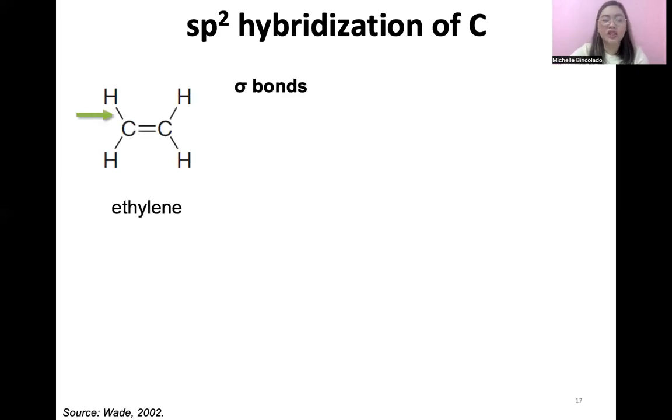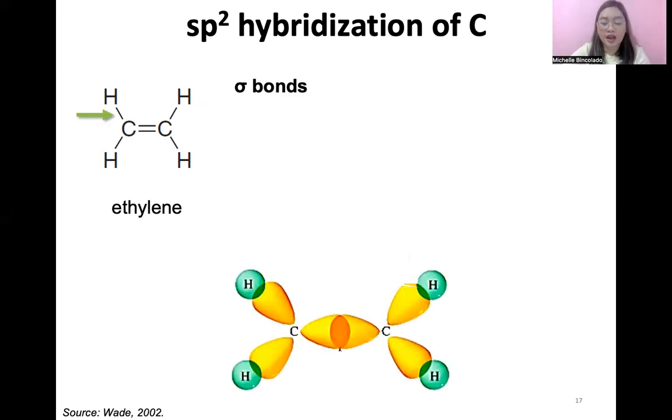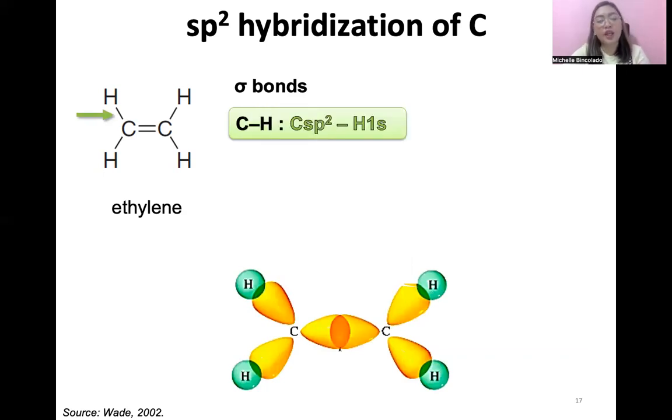Okay, first question. What orbitals were used to form the carbon-hydrogen bond? Of course, that's sigma, guys. So similar kanina. However, here, carbon is already sp2. So carbon sp2 and H1s, the overlap between them created the carbon-hydrogen bond. Next, so we see, guys, orange. So diba, same color. Orange kasi yun yung sigma bond between the two carbons.